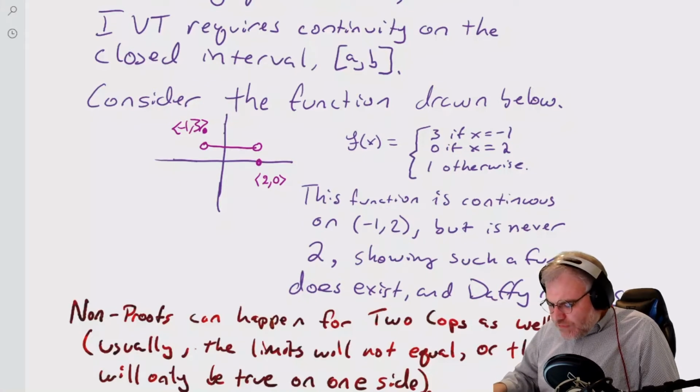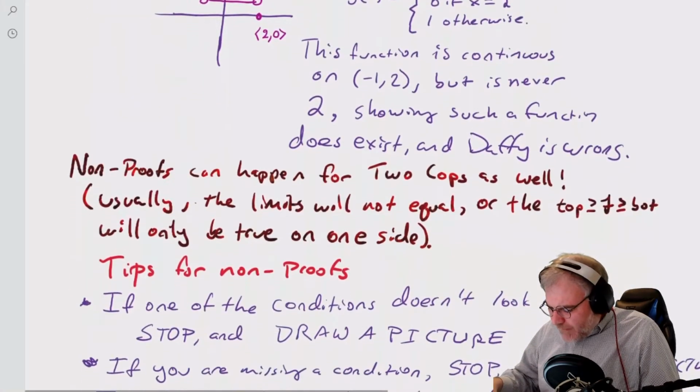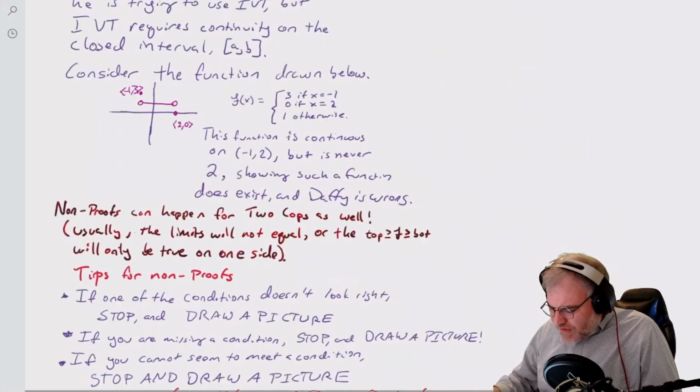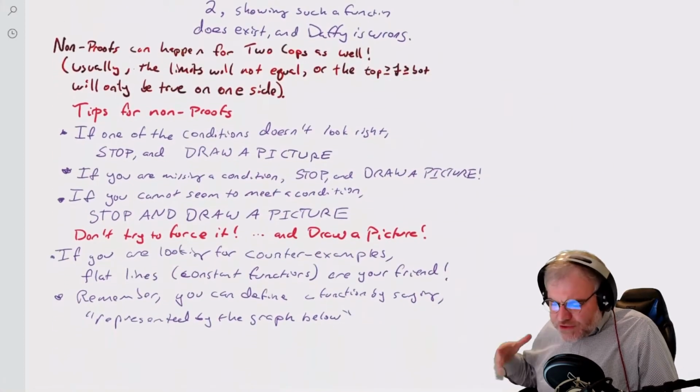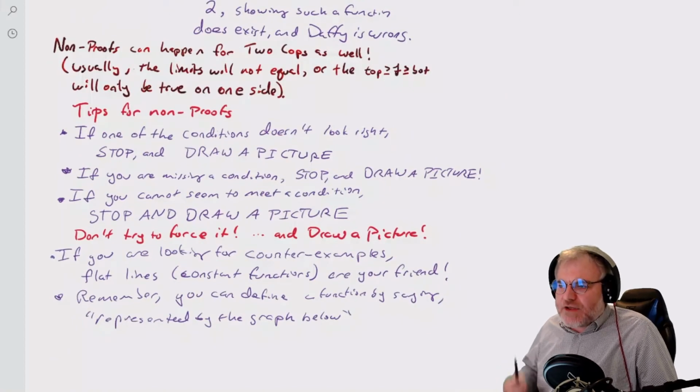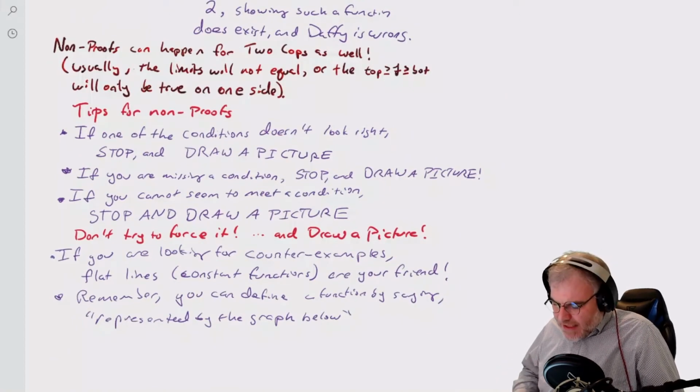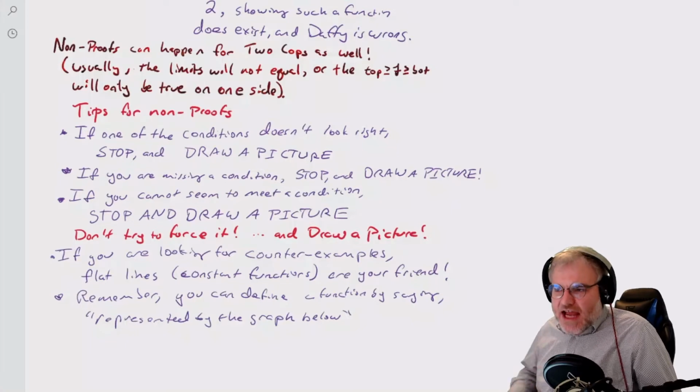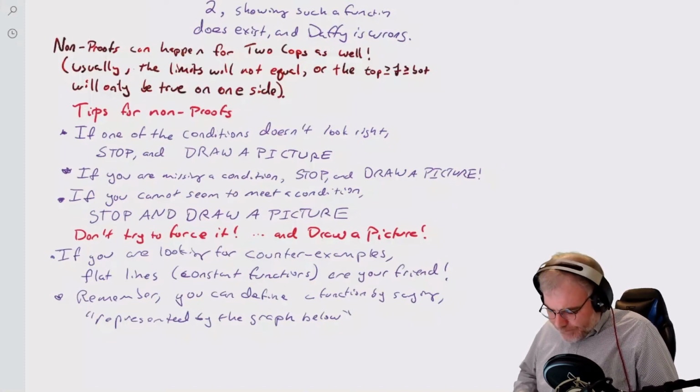These can happen for two cops too. Let's do an example of a two-cops problem. So the general tips are this. If one of the conditions doesn't look right, stop and draw a picture. If you are missing a condition, stop and draw a picture. If you cannot seem to meet a condition, stop and draw a picture. Don't try to force them. Just draw a picture.